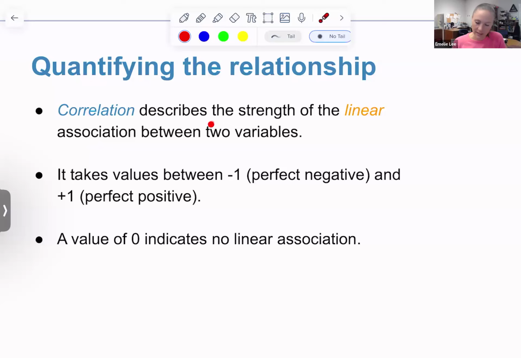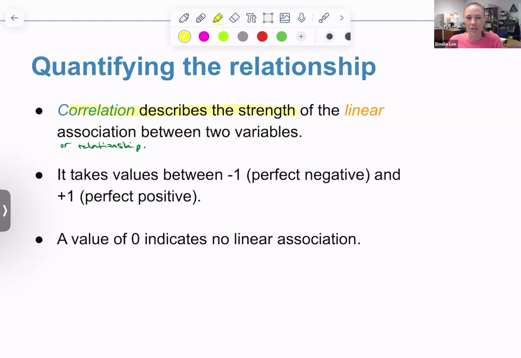Now, technically, the correlation describes the strength of a linear relationship. Association or relationship between two variables. Okay, and so correlation describes the strength.